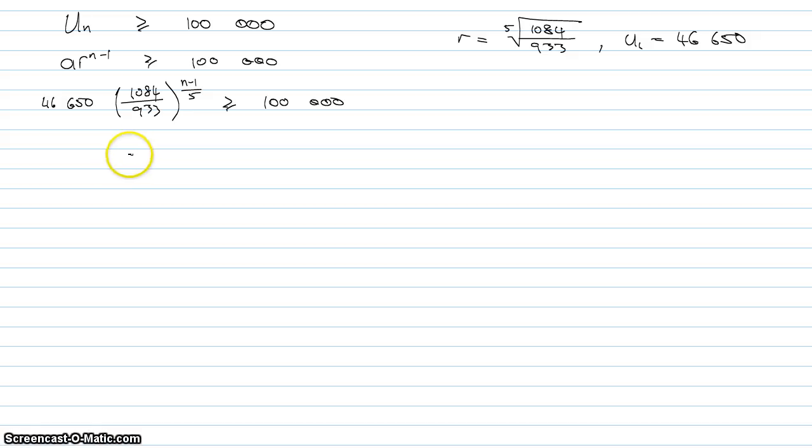So taking logarithms on both sides, I get ln of 1084 over 933 to the n minus 1 over 5. And I'll just have divided this through first. So this is less than or equal to the ln of 100,000 over 46,650.